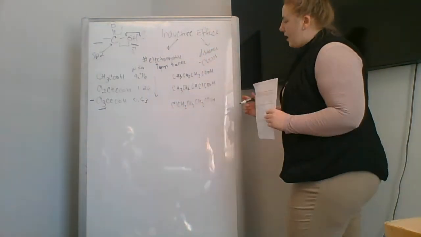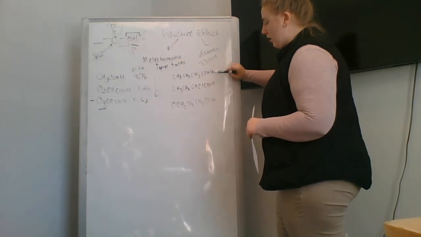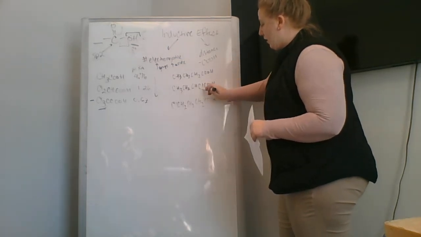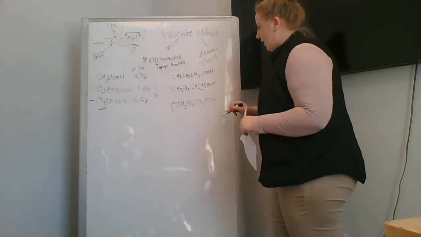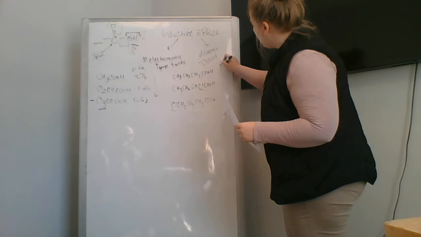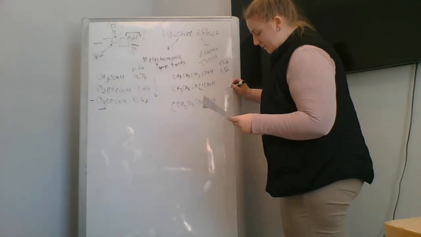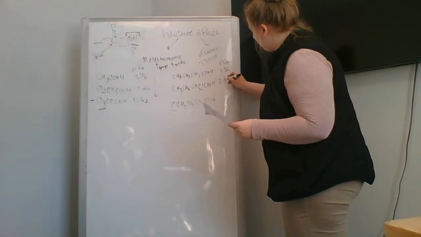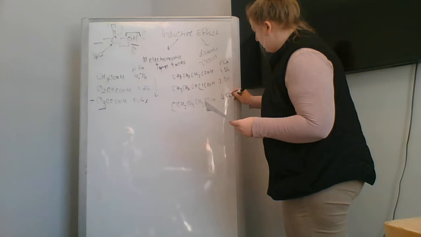So again, 3 different acids. This one we see no electronegative groups. Here we have the electronegative group right next to the carboxylic acid, and here it's all the way on the end. Again, pKa 4.82, 2.84, and 4.52.